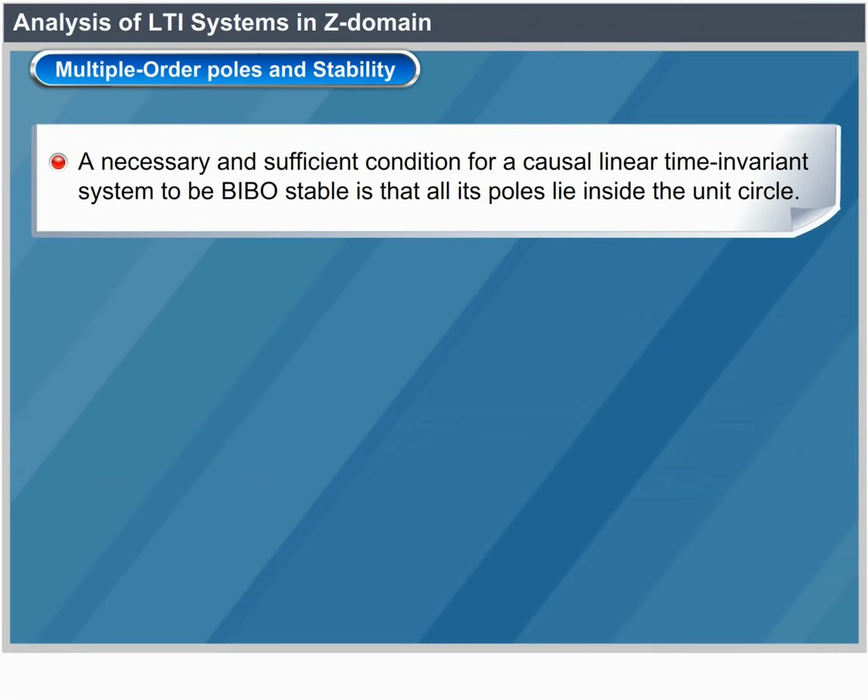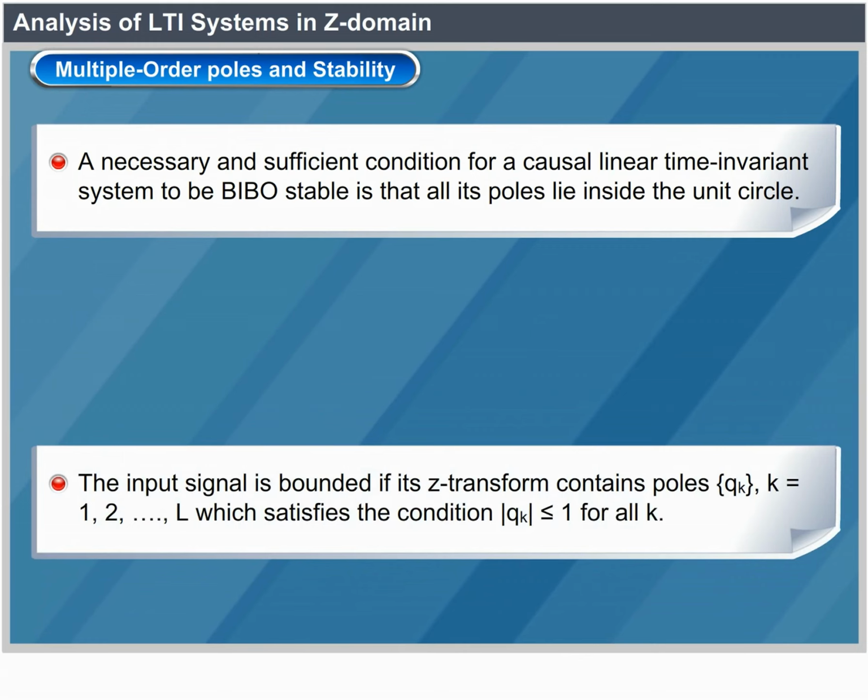Multiple order poles and instability. A necessary and sufficient condition for a causal linear time invariant system to be BIBO stable is that all its poles lie inside the unit circle. The input signal is bounded if its z transform contains poles qk, k equal to 1, 2, etc. to L, which satisfy the condition modulus of qk less than or equal to 1 for all k.